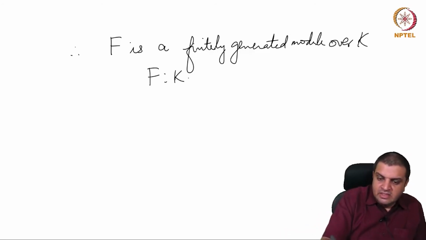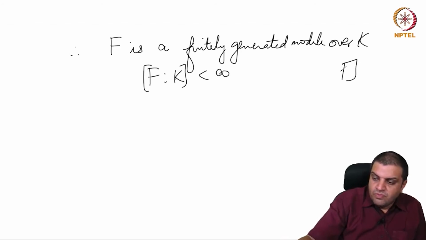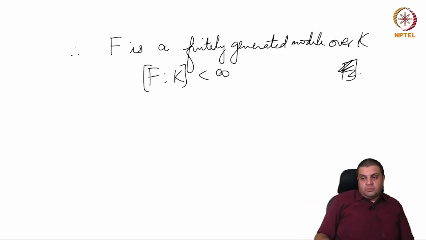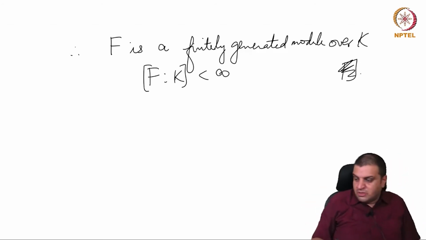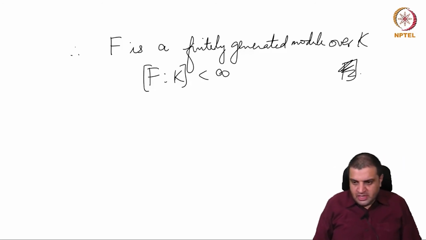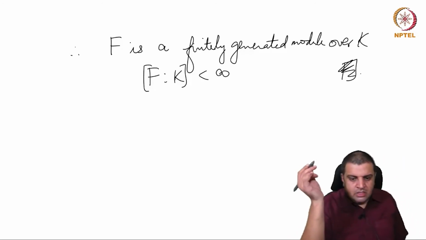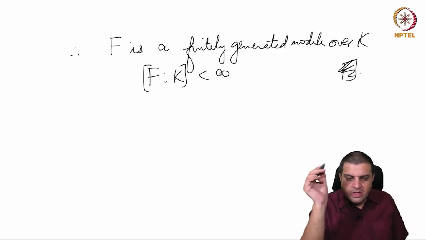That is, these are field extensions and that extension degree is finite. Okay. So therefore, we are now left to prove the Noether normalization lemma. We would give the proof in the next lecture.